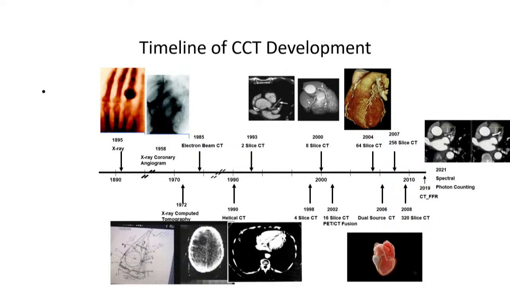In 2000 we have 8 slices, 2002 we have 16 slices. Now we're talking about 320 and 640 slice CT, and we have photon counting CT. And I'm not even going to mention the amount of clinical data that's been amassed for the last 10, 15 years. I think that's unique in terms of non-invasive cardiac imaging.